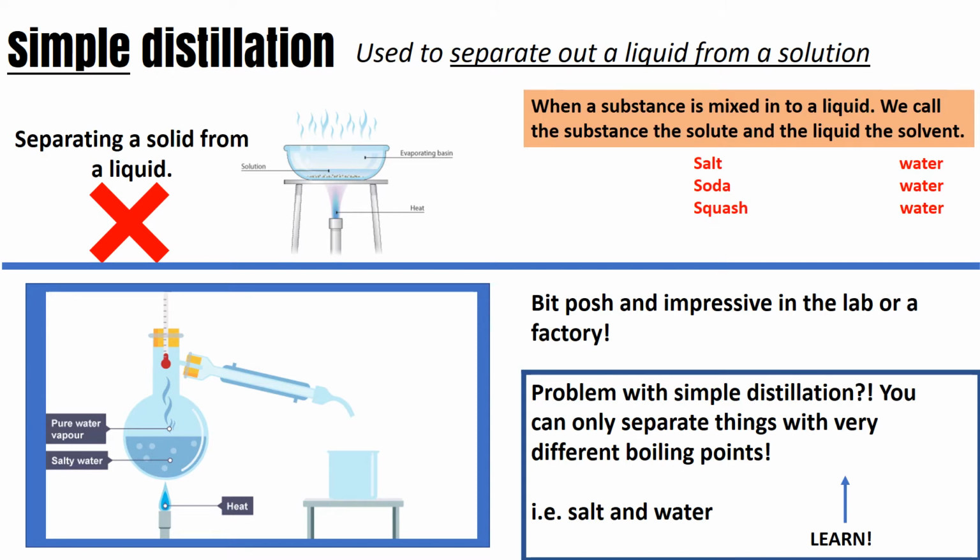The water evaporates at 100 degrees centigrade, so that's a really big difference in their boiling points, and that's when simple distillation comes into play. If we want to separate out lots of different liquids from a mixture, and all of those liquids have boiling points that are very similar to each other, then we need to use a different type of distillation.